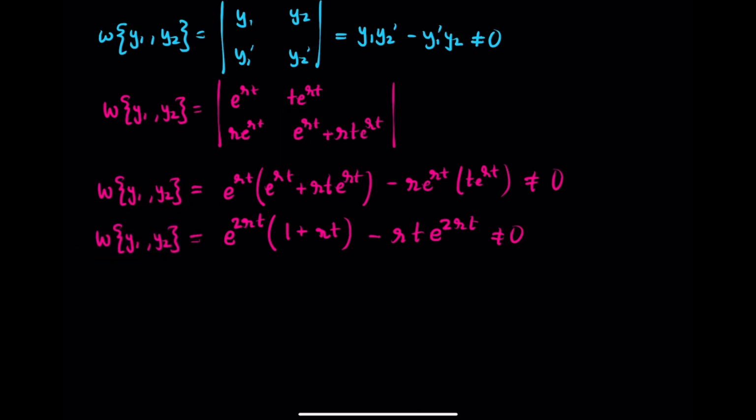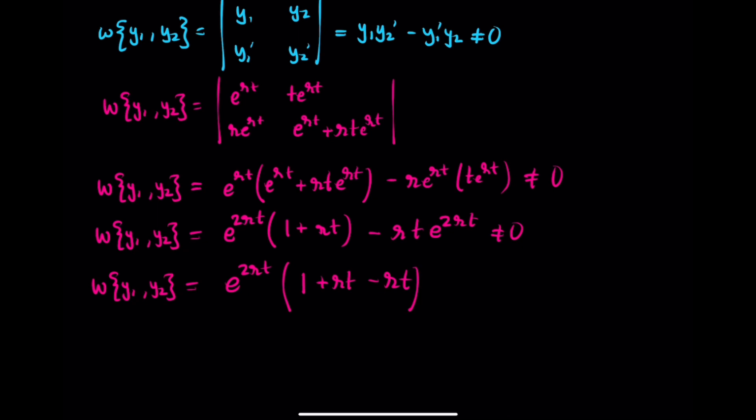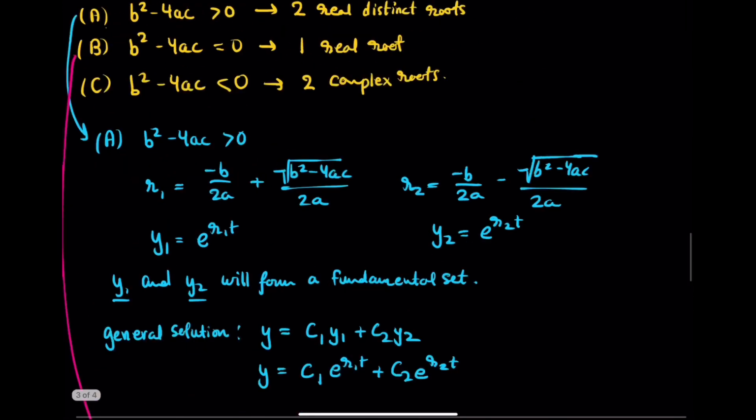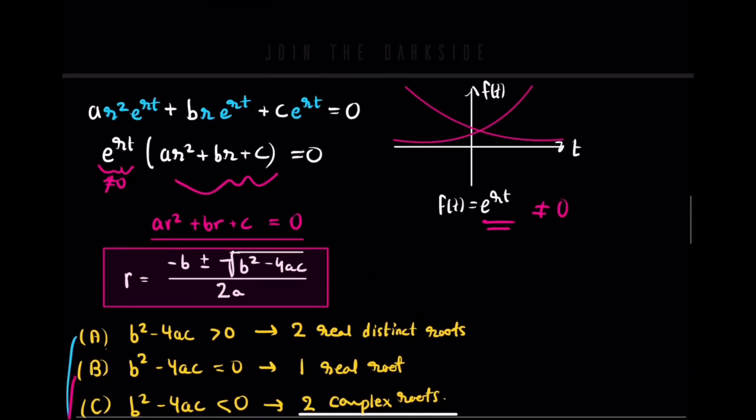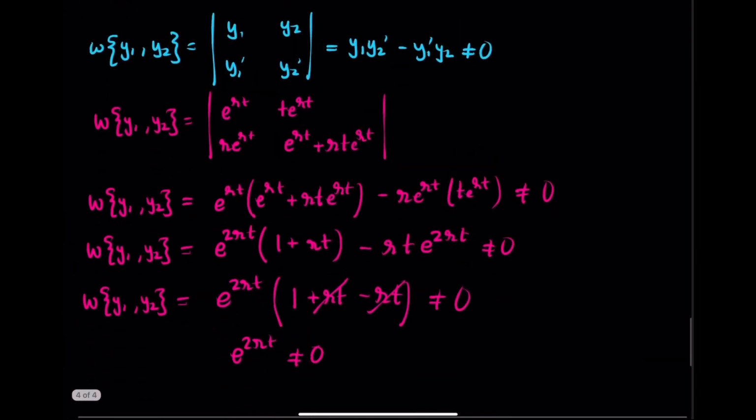Okay, and then all right, so what we can do is bring that e to the 2rt all out, and then 1 plus rt minus rt, and so those two can cancel, and therefore we can say e to the 2rt does not equal 0, because like we said before with an exponential function, even though we don't know whether the value of rt is positive or negative, it will never be 0, right?